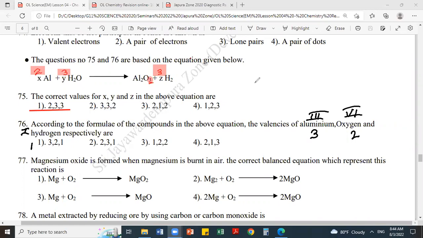Group 1 to 4, valency equals group number. But group 5, 6, 7, 8, valency equals 8 minus group number.